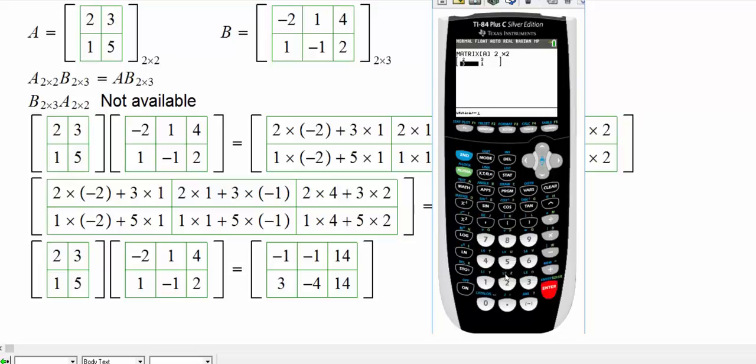So we did that, and then we have to just enter the entries of this matrix. So we got this 1 and 5. Very good. So we have entered this matrix here. Now we will go to this again and change and go ahead and enter our matrix B here.